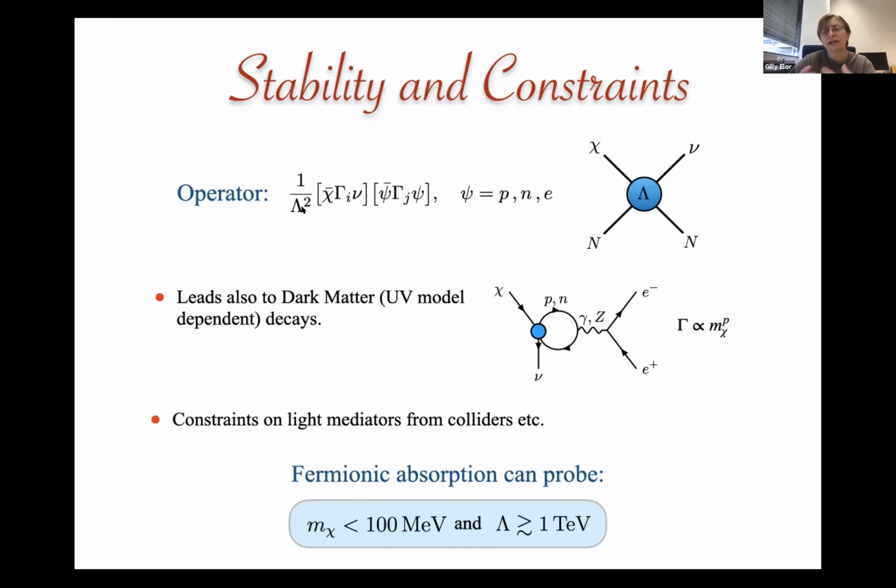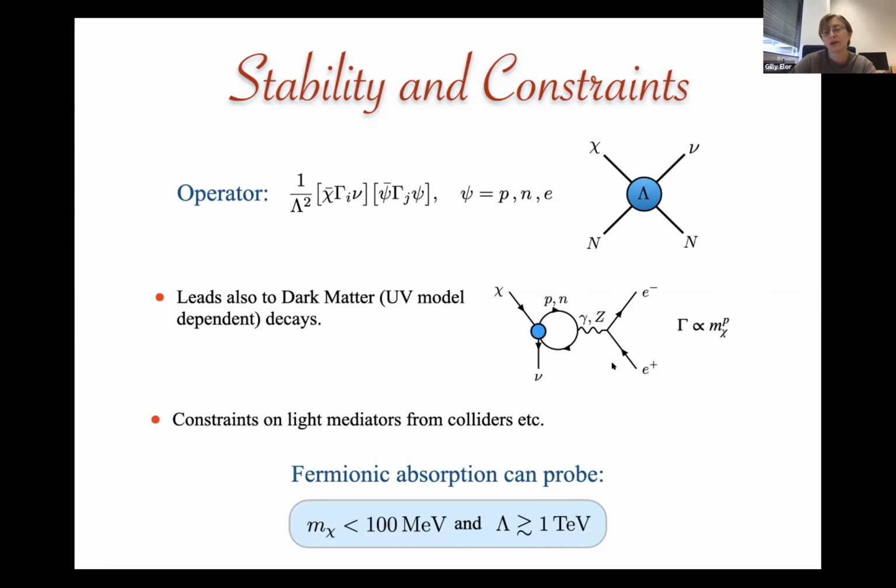Now, of course, the elephant in the room is that we've given up stability. This operator allows the dark matter to decay through various different processes. For instance, you can imagine decaying through a loop of protons or neutrons into electrons. So you want to ensure that these rates are relatively small.